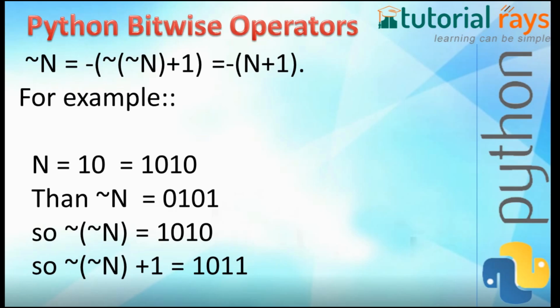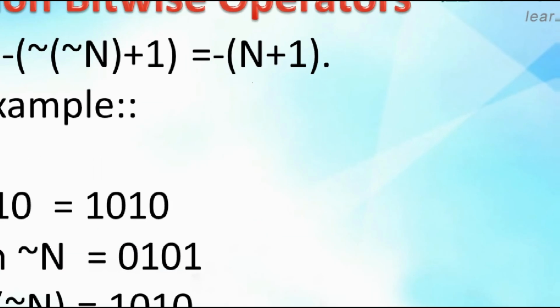And there is a formula for that: tilde n, then tilde tilde n plus 1 equals minus n plus 1. So as you can see here, that 1 is added extra to get this 2's complement.